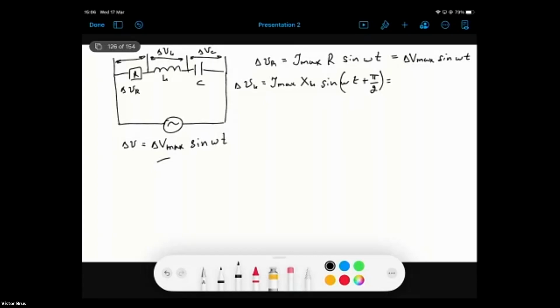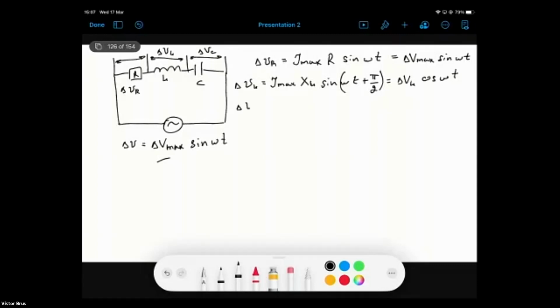And this can be represented as, no, here we will not. Minus will be for a capacitor. So it will be delta VL times cosinus omega t.